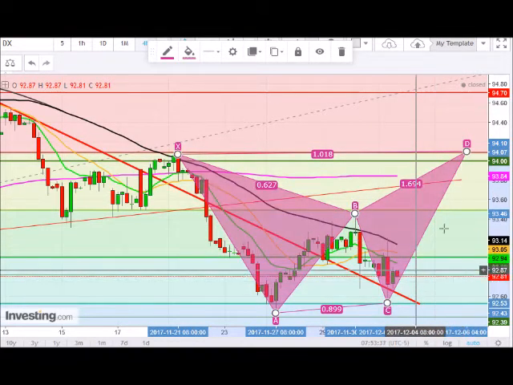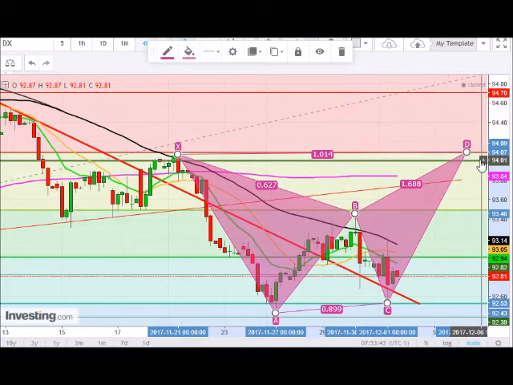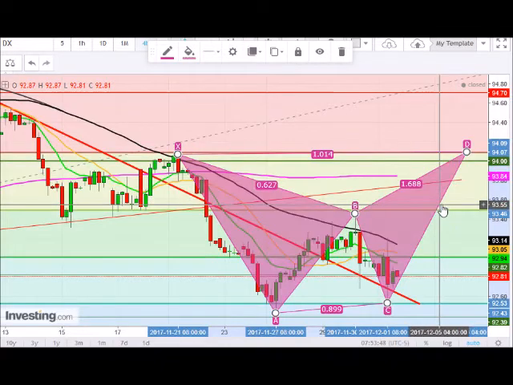Alright, let's even extend it up to 1.6. I'm trying to get it to 1.68. There we go. So now we got the 1.68 around 94.07. That makes sense. That coincides with our retracement level here.